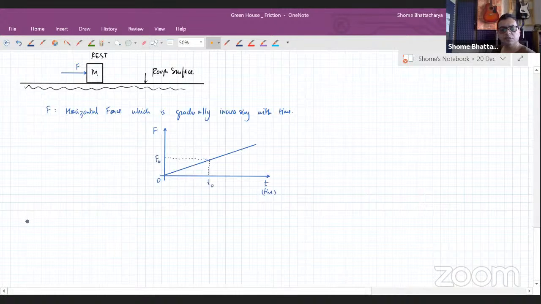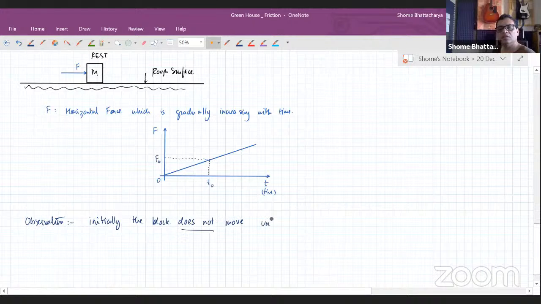If we do this experiment, the observation will be that initially the block does not move, until the force exceeds a certain value, let's say f naught.